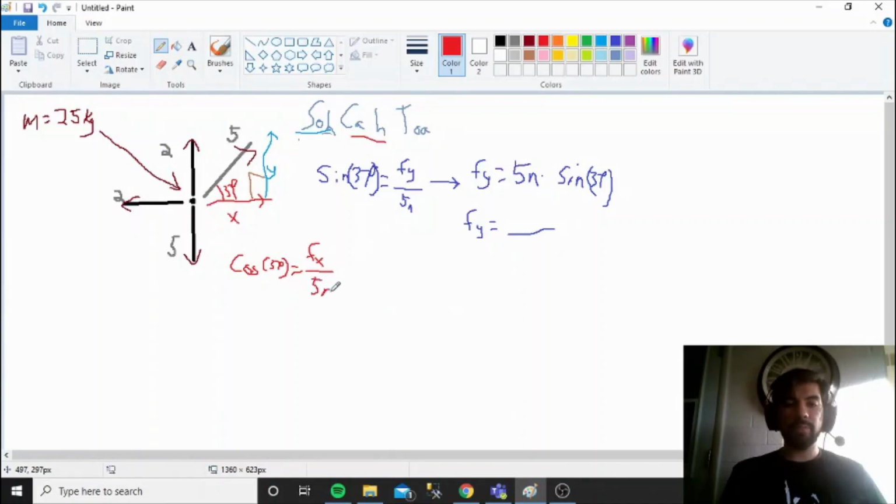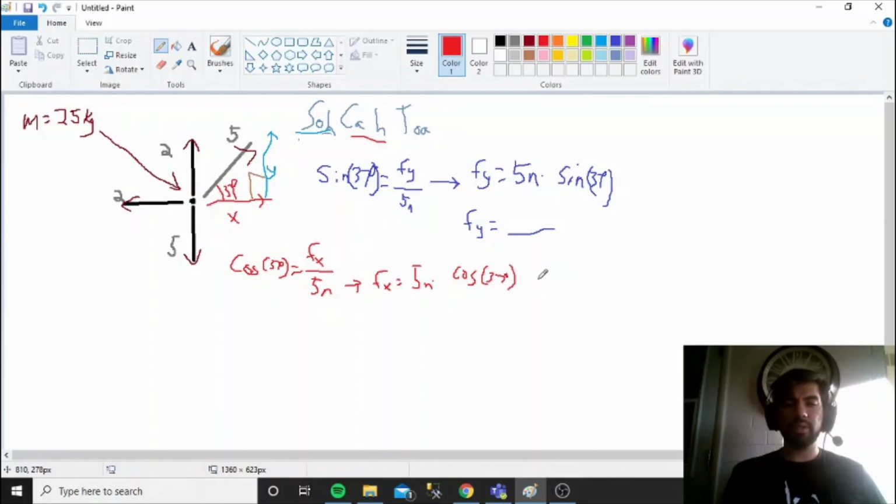And it just so happens that the process is the same. Instead of sine, it's cosine, however. So Fx is going to equal 5 newtons times cosine of 37 degrees.